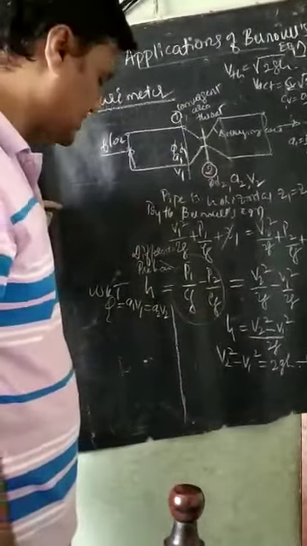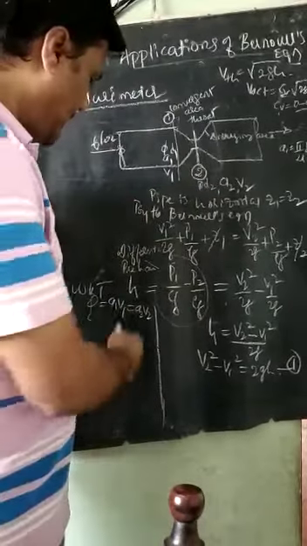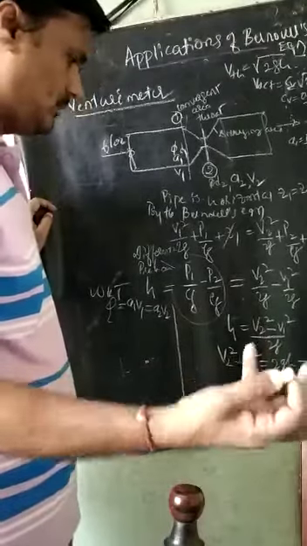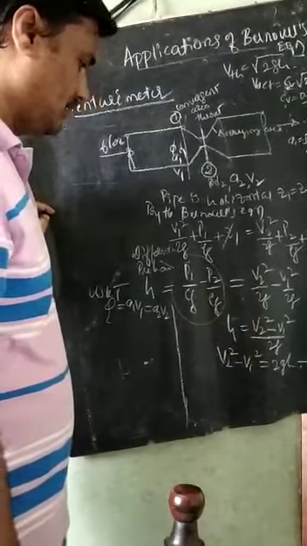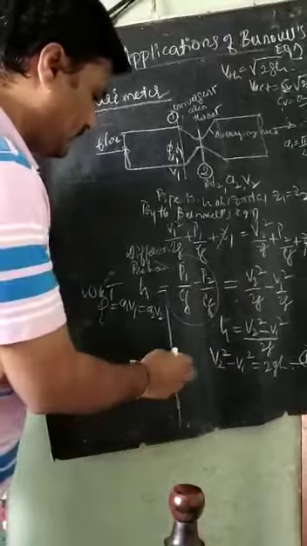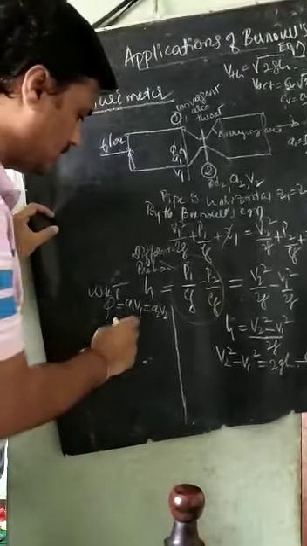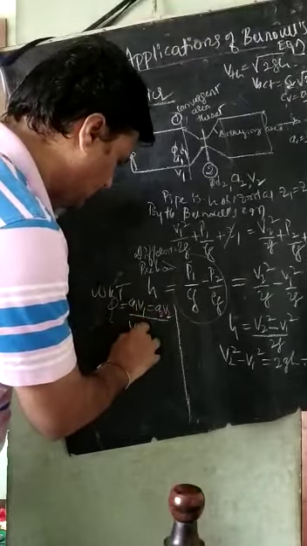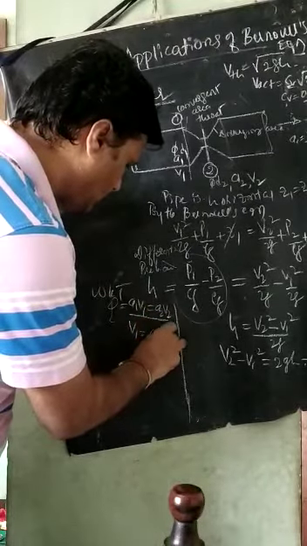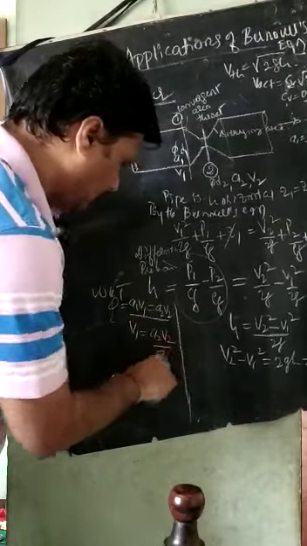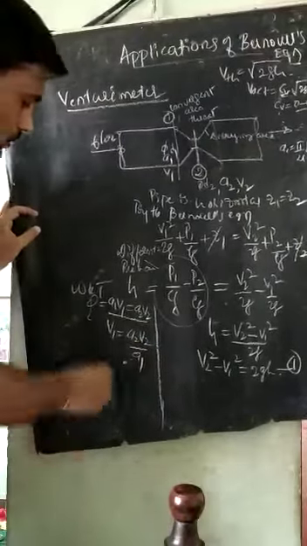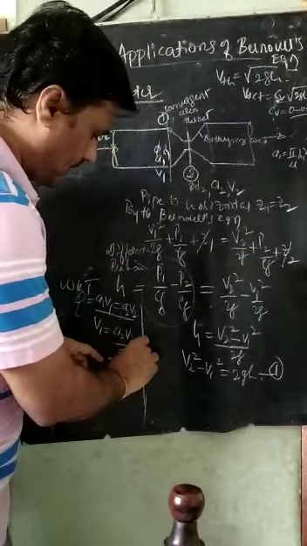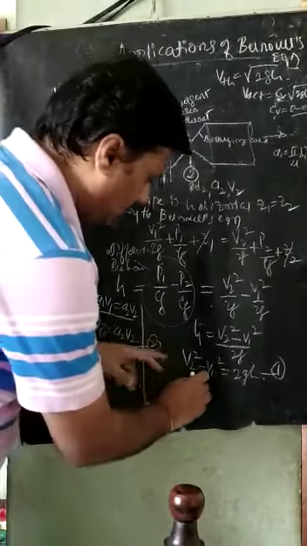I will make it into one velocity term, so V1 is equal to A2 V2 divided by A1. Call this equation number 2.